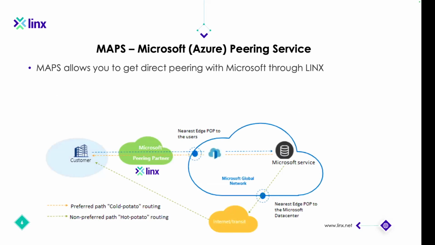How does it look from a technical point of view? Well, it is really just peering with Microsoft, and there are some differences, and some quite important ones, but it will give you direct peering between your network and Microsoft's network.